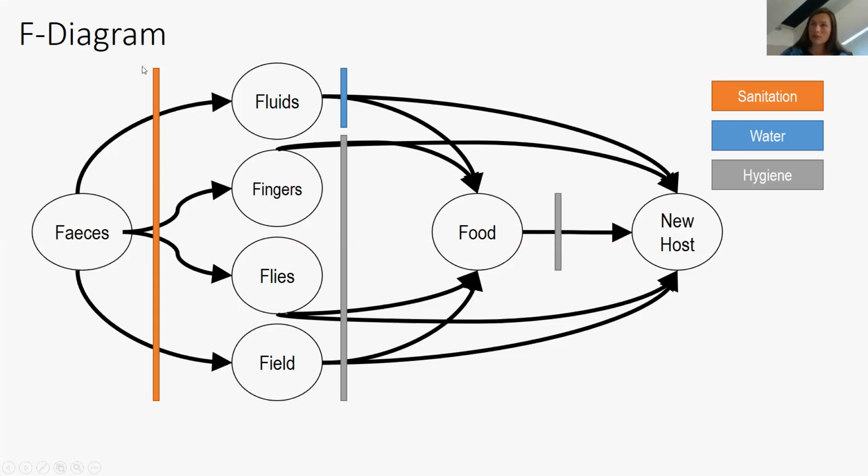Last time we discussed sanitation, which is the first major barrier, while drinking water treatment and safe drinking water supply is a barrier which here is marked as blue. So it blocks the diseases from fluids to a new host or to food. The rest, what you see here, is more related to hygiene, which we're not going to talk too much about today.